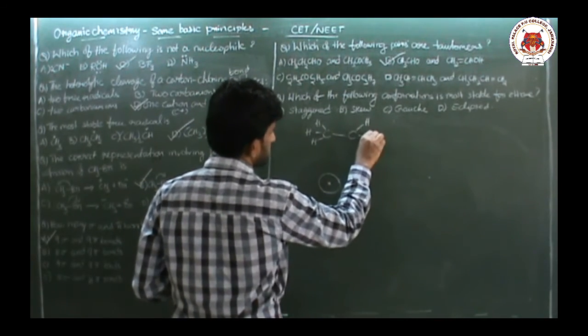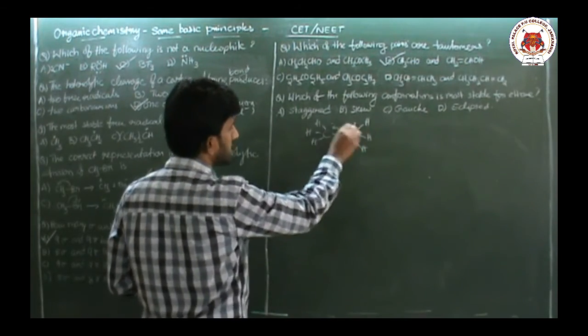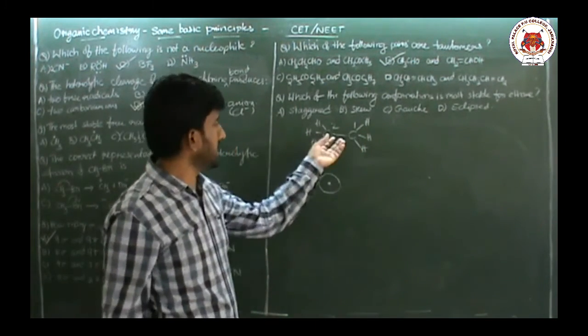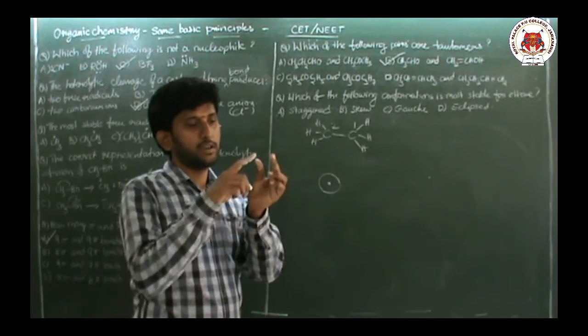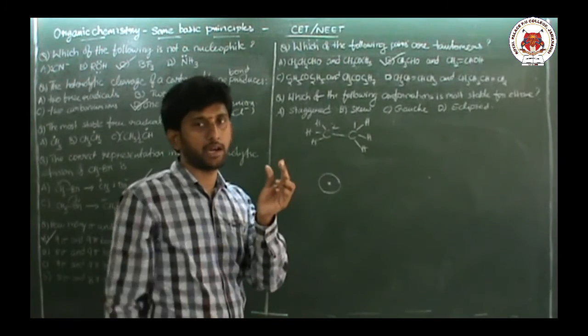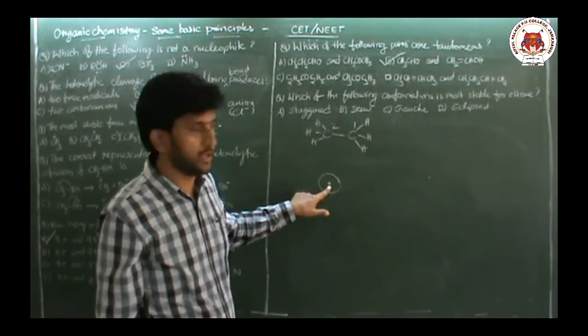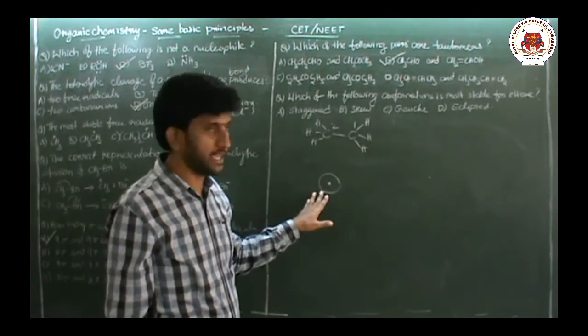Assume this is carbon 1, carbon 2. If I take this molecule like this, the first carbon will be the front carbon and the second carbon will be the back carbon. Front carbon is represented like a dot, back carbon is represented like a circle.